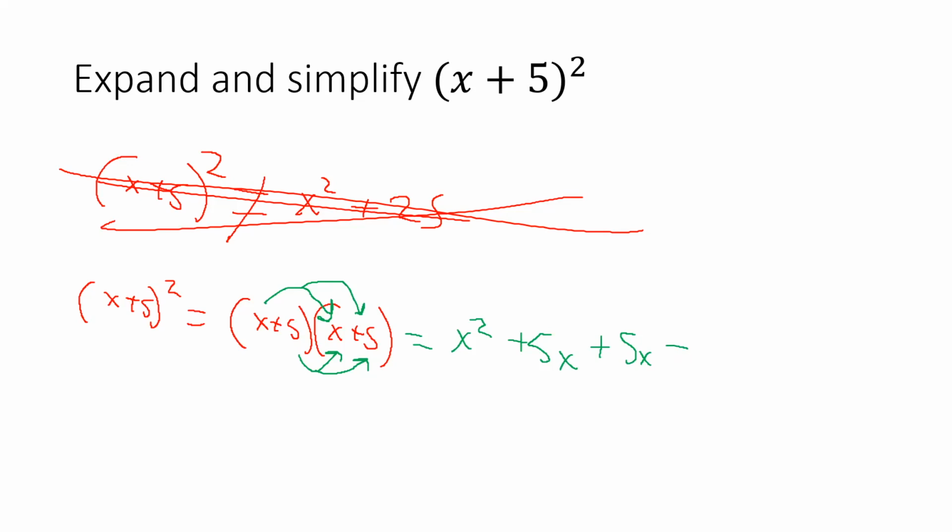Sorry, I made a mistake there. Okay, and again, just like previous examples, these are the only values which are the same. Everything else is different. So this is the same as x squared. What's 5 plus 5? 5 plus 5 is simply equal to 10. So we add 10x, and then we add 25.